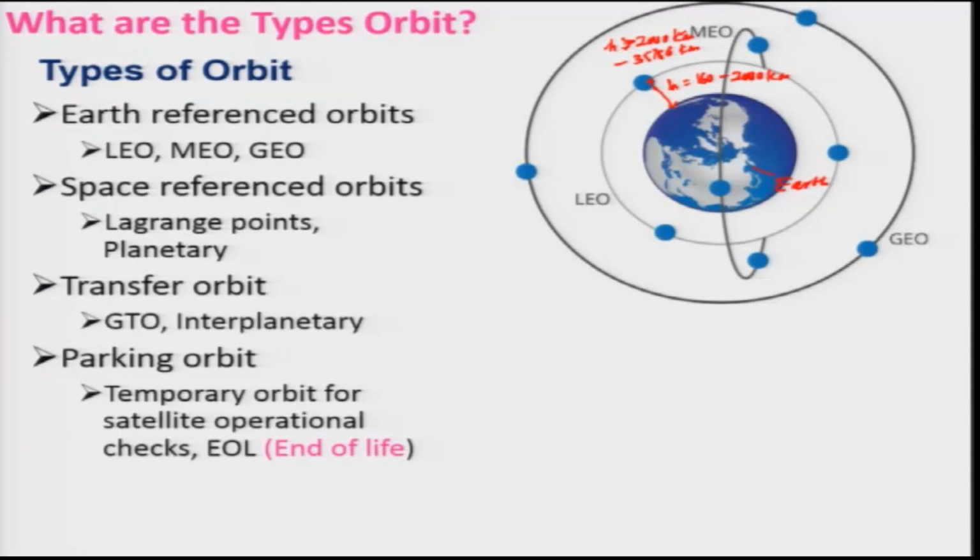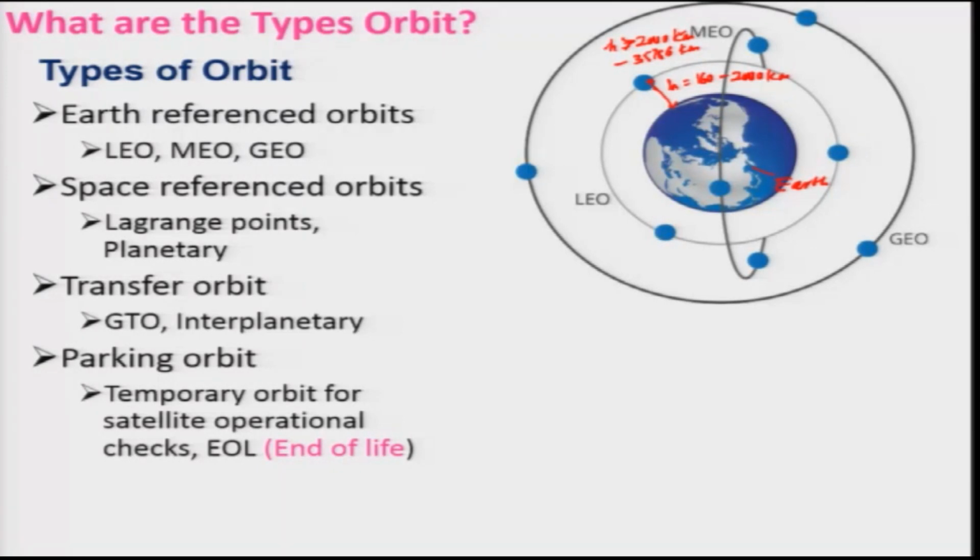We know well that the geostationary Earth orbit is where the period of rotation will be around 24 hours, which is very important. We will be discussing the geostationary Earth orbit later on.